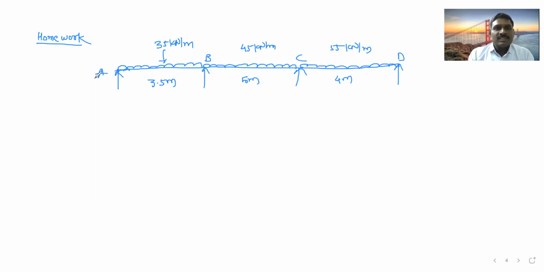But when we consider the span AB, where will the point load act, as I told you in the last example? At the center? No. What did I tell you for the CD span in the last example?